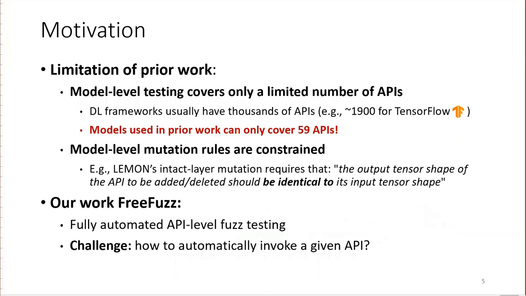We then discuss the limitation of prior work. Prior work uses model-level testing, which only covers a limited number of APIs. In reality, DL frameworks usually have thousands of APIs, while we find that models used in prior work can only cover at most 59 APIs.